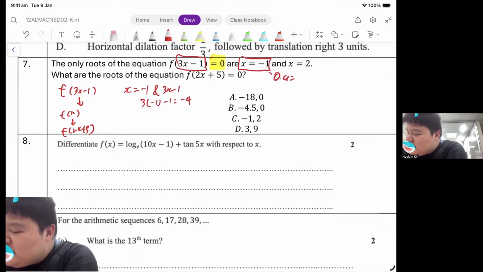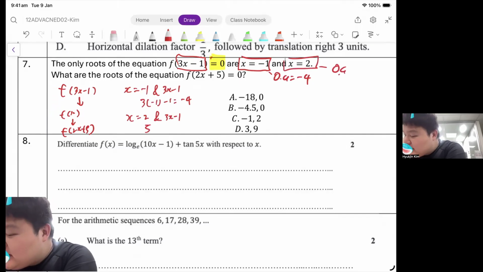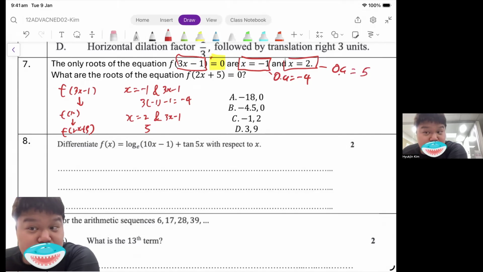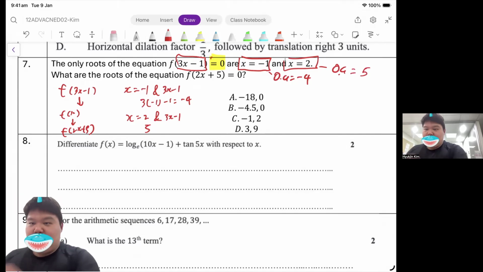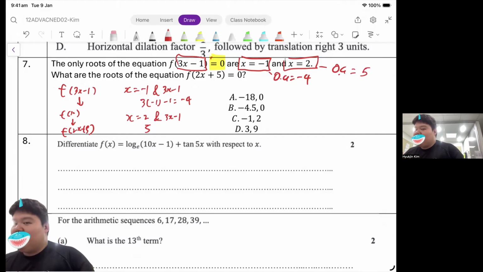OG is negative 4. So we do the same thing. x equals 2 and 3x minus 1, that means it turns into 5. So for this guy, the OG, before it turned into 3x minus 1, it was 5. Okay? So after 3x minus 1 has been substituted, we get the answers negative 4 and 5.